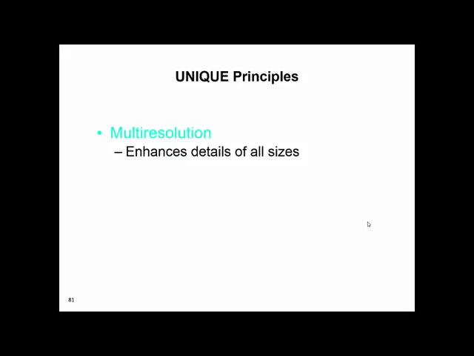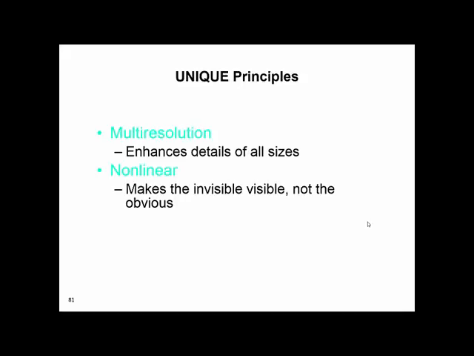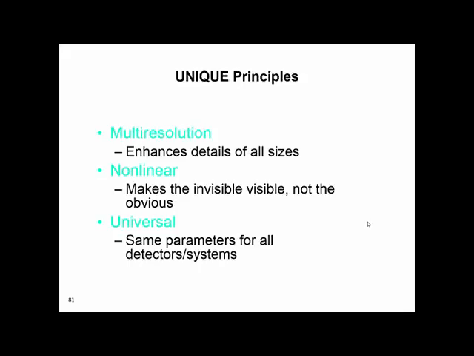That means it will enhance details of all sizes. It's non-linear. This means that we also enhance very much details that are so weak that they would normally be missed. And it's universal because we are using this unique image parameter for all our R&D products like the DuraDiagnost, the PrimaryDiagnost, the DigitalDiagnost, our mobile and also our PCI Eleva.